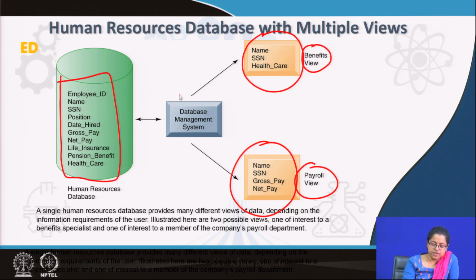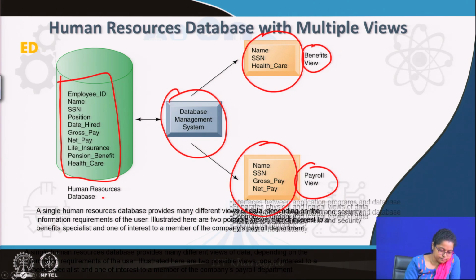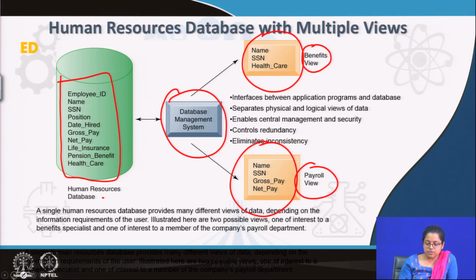Now in between we have the database management system, which plays the role of an interface between the human resources database on one hand and the applications on the other hand. The database management system in the center interfaces between the application programs and the database. Second, it separates the physical and the logical views of data.